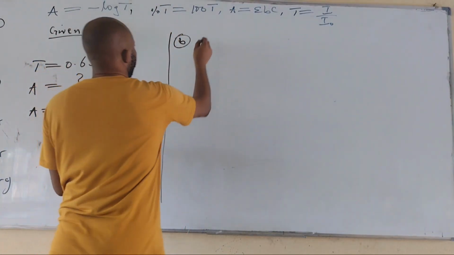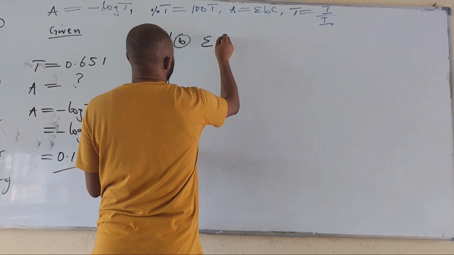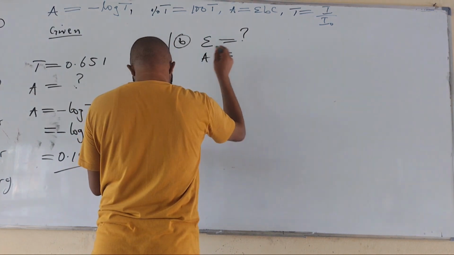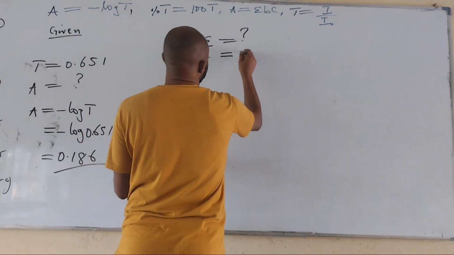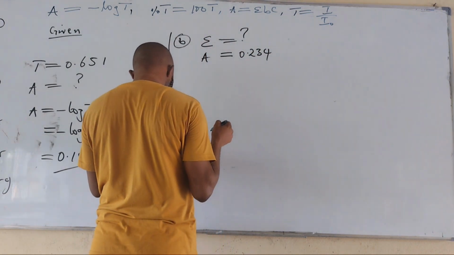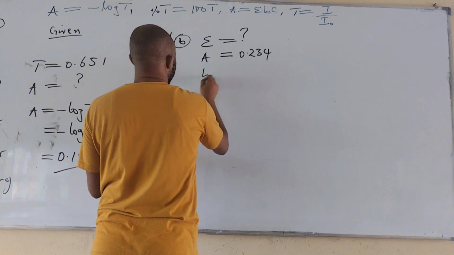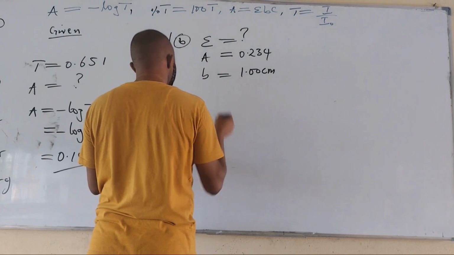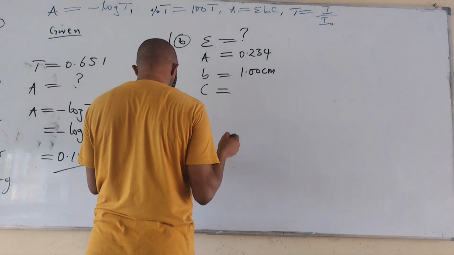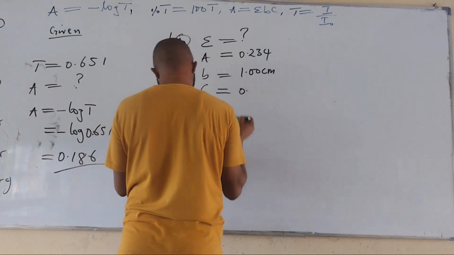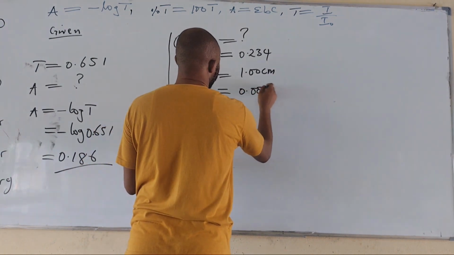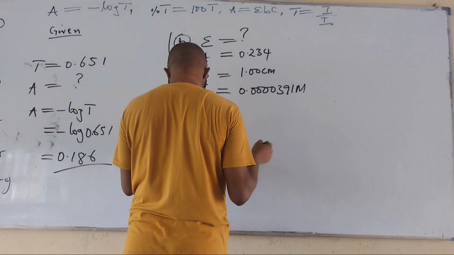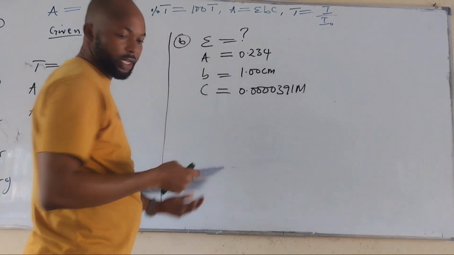If A is 0.234, B is 1.00, and C is 0.0000391, we should calculate our epsilon.